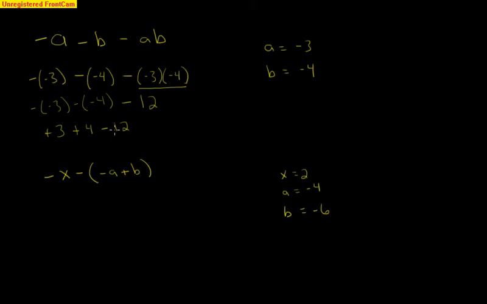Left to right again, since addition and subtraction are on the same level in order of operations. 3 plus 4 is 7. Minus 12 is -5. So this entire expression equals -5.